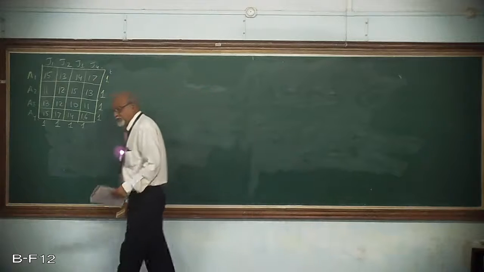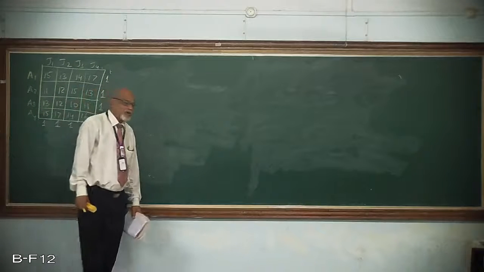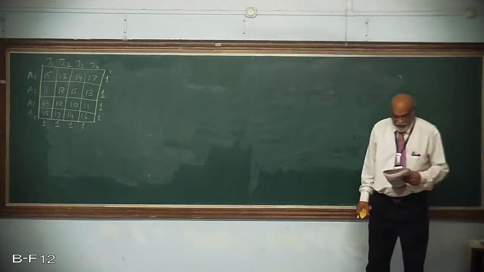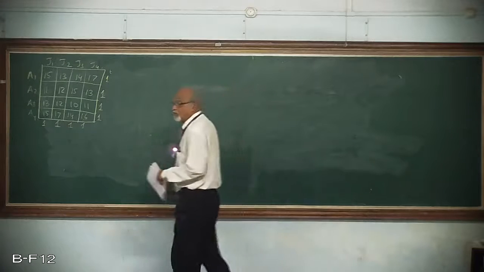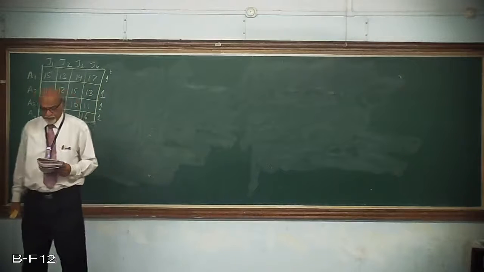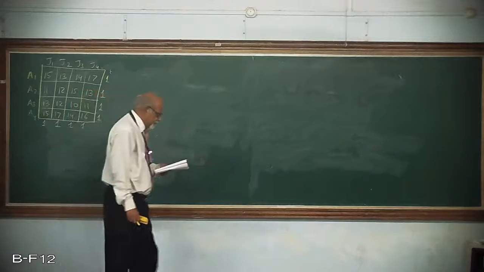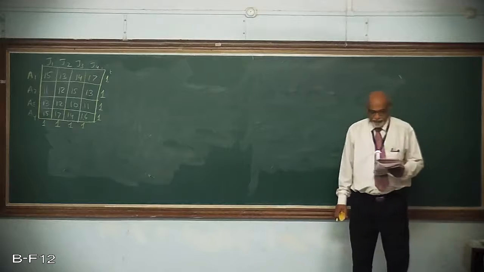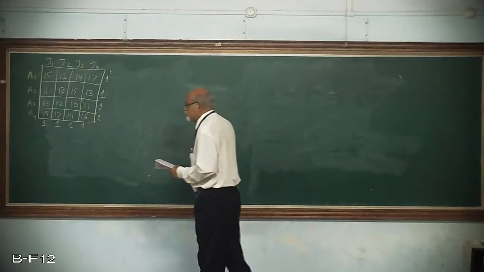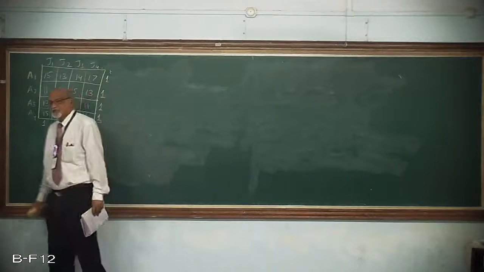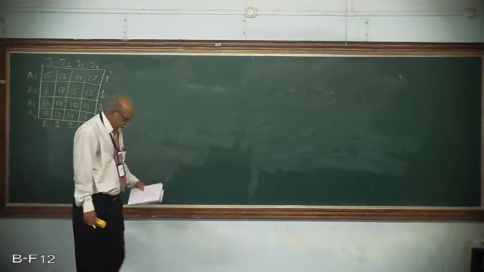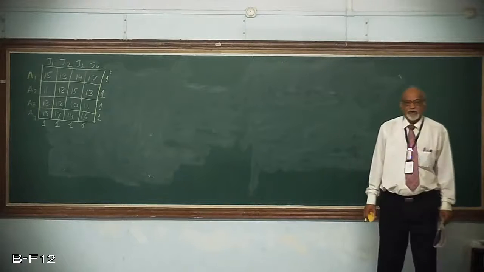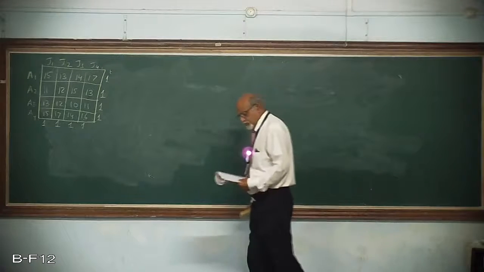In an assignment problem, if we add or subtract a constant to every element of a row or column in the cost matrix, then the assignment which minimizes the total cost on one matrix also minimizes the total cost on the other matrix.